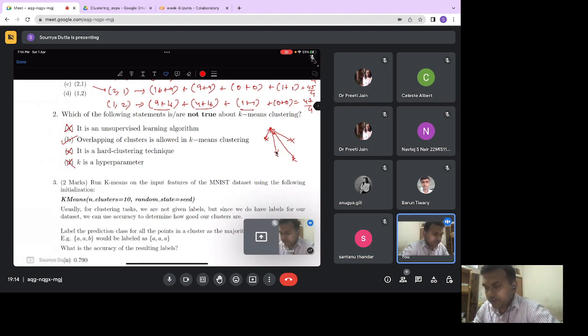You see that you have some measures in order to judge how good a cluster is. For example, you might talk about radius, you might talk about diameter, you might talk about the entropy, you might even talk about accuracy if you have the original labels, but mostly it's either radius or diameter.